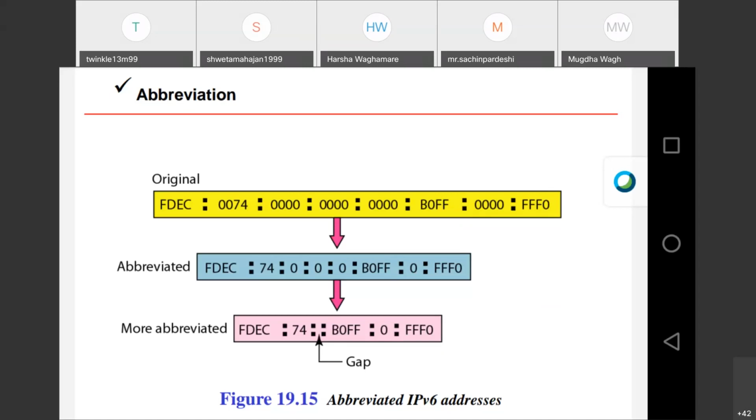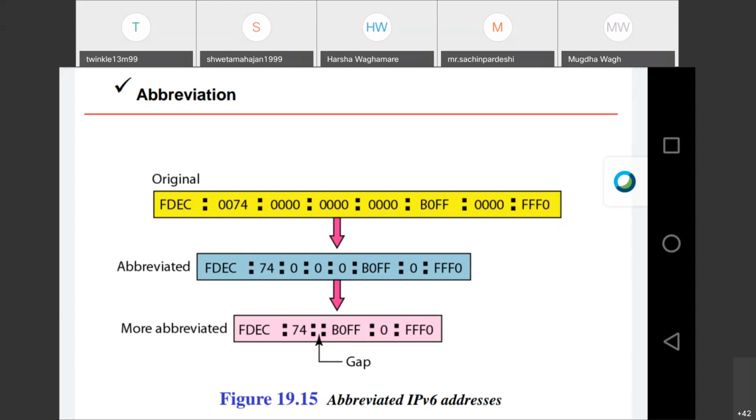If the gap appears two times in the address, it will be confusing how many zeros are in between. But with one gap you can easily identify how many zeros are there. Like if you see the more abbreviated address, FDEC is one block, 74 is the second block, B0FF is the third block, 0 is the fourth block, and FFF0 is the fifth block.